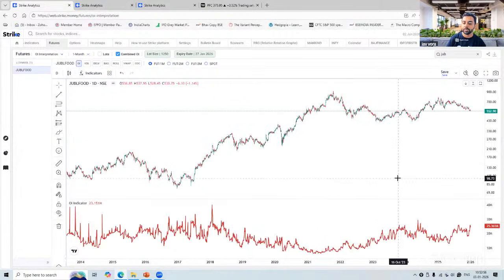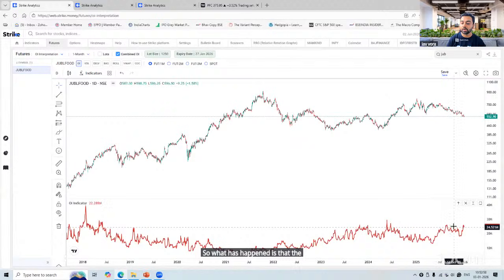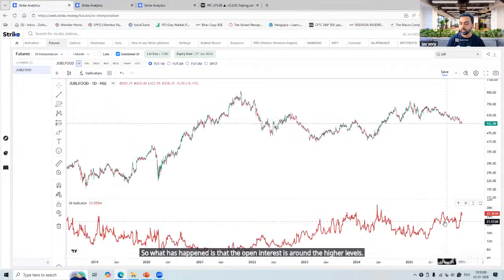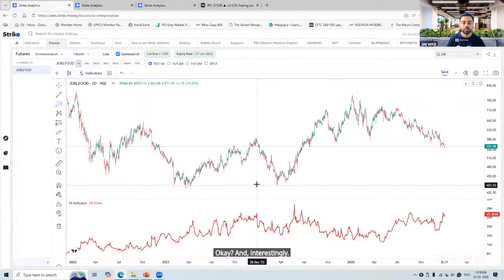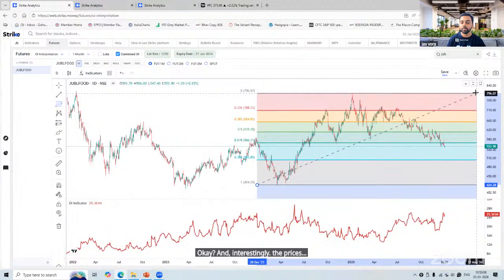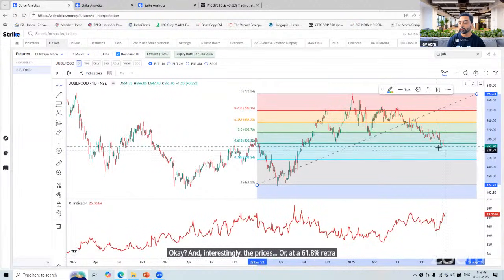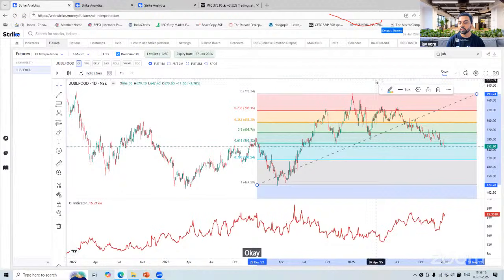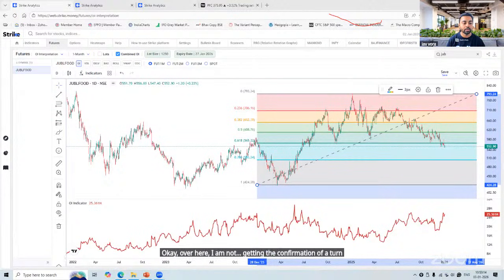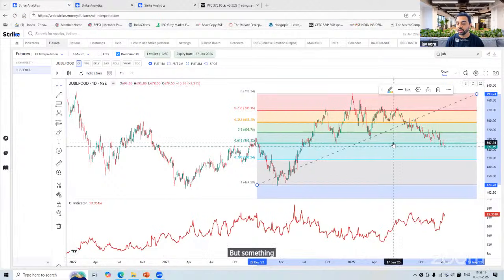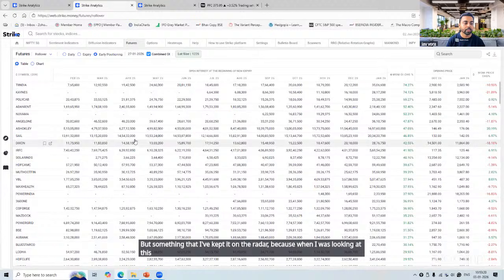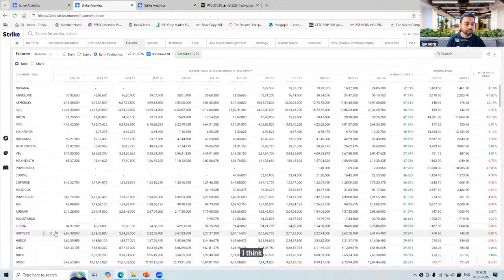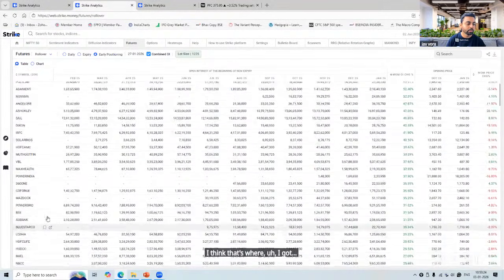So what has happened is that the open interest is around the higher levels. And interestingly, the prices are at a 61.8% retracement approx. Over here, I am not getting the confirmation of a turnaround yet, but it's something that I've kept on the radar, because when I was looking at this rollover data, I think that's where I got this one.